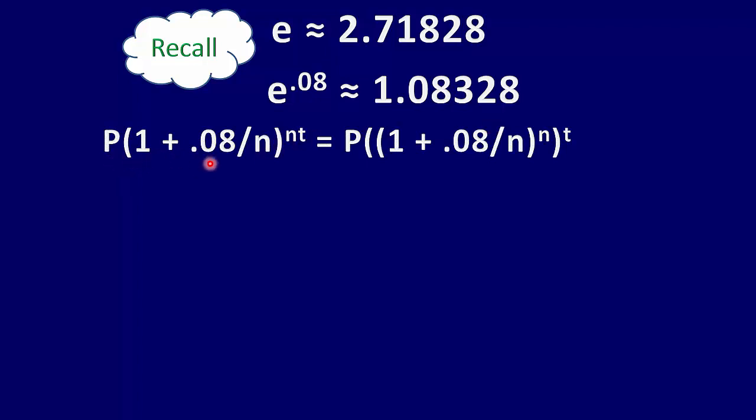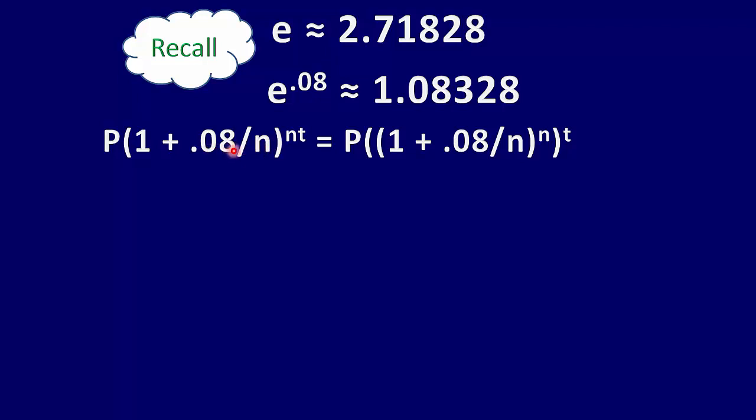Let's just look at this formula here. And this is the formula for compounding n times a year at an 8% annual interest rate. So in other words, we're going to take this annual interest rate of 0.08, 8%, divide it by n, like early on the example was 4.